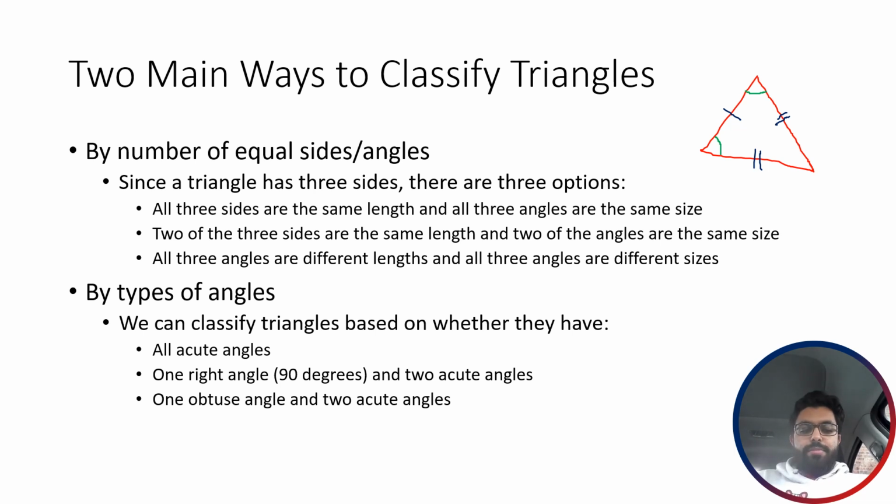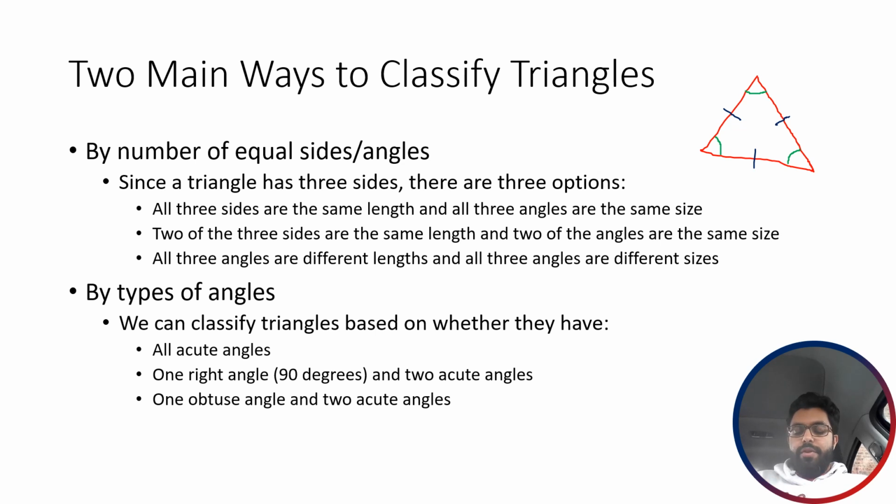So that's a second possibility. And then your third possibility is that all three sides are the same length. That would look something like this. One tick mark in each of those sides means that all three sides are the same length. And in that case, all three angles would also be the same size.